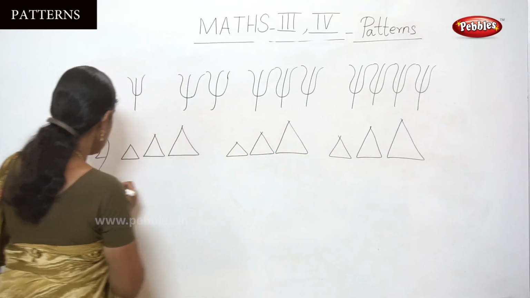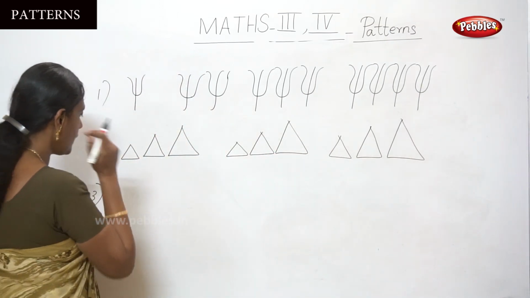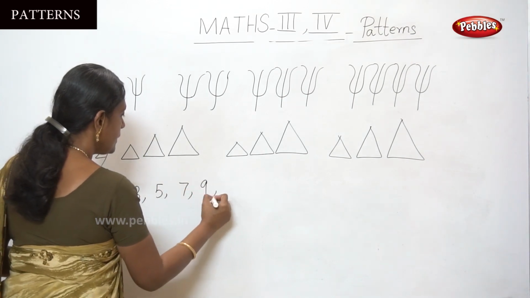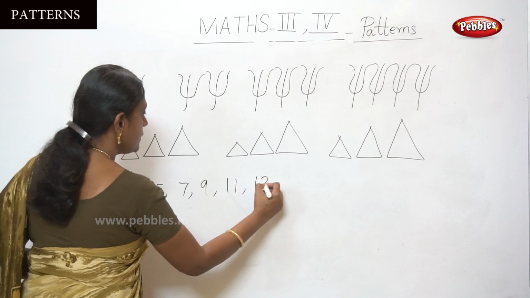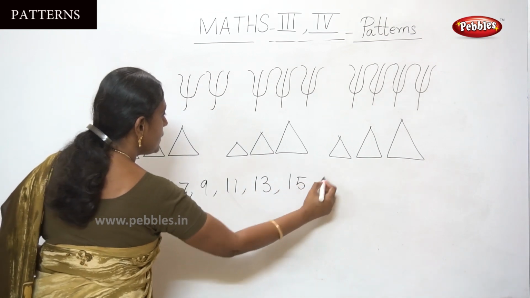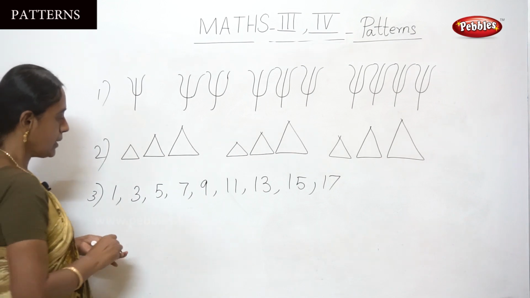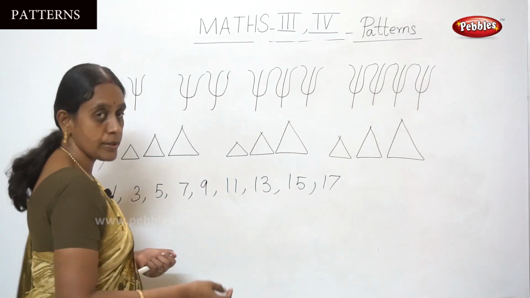And the third example is here: 3, 5, 7, 9, 11, 13, 15, 17, like this. Here it's a number order.